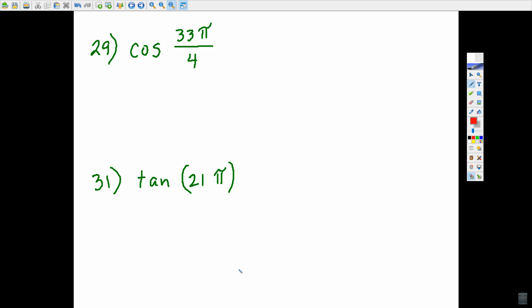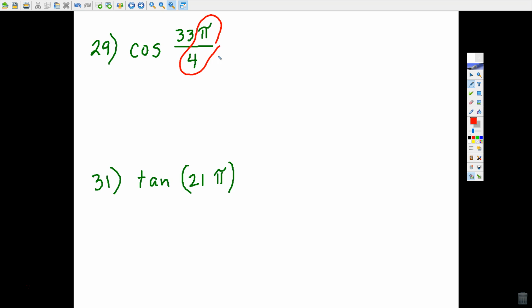Okay? Sometimes they're going to give you angle measurements in radians, and I don't think you have to convert them. The easy thing to do is just take what I call the root. You know, we have root words. Well, the root angle out of all this is just pi over 4. If we actually went all the way around 33 pi over 4, we would end up in the same place as if we just did pi over 4.